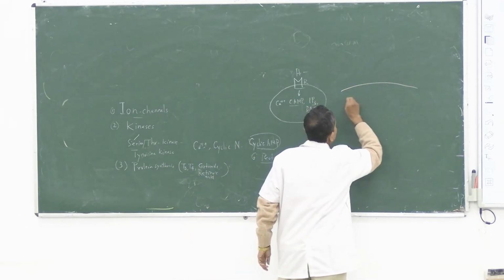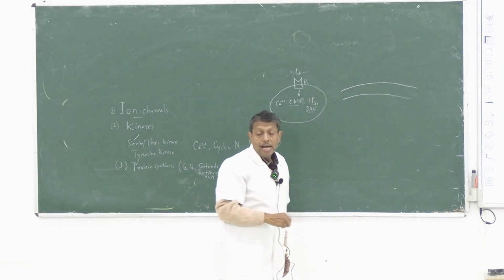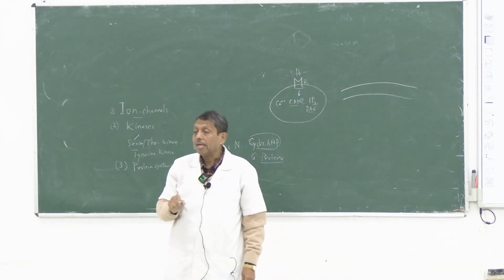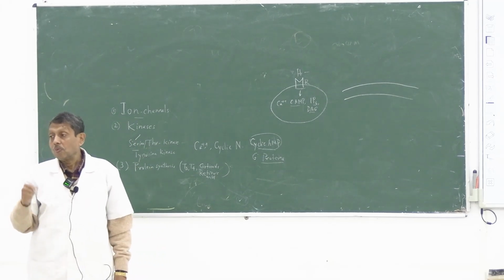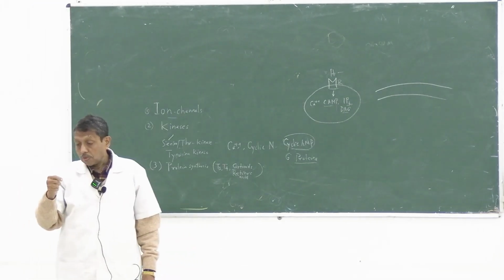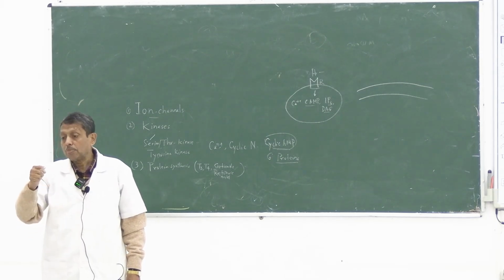Suppose you take the cell membrane, and the appropriate receptor binds with it. These receptors are peculiar: they are serpentine receptors with 7 transmembrane segments.